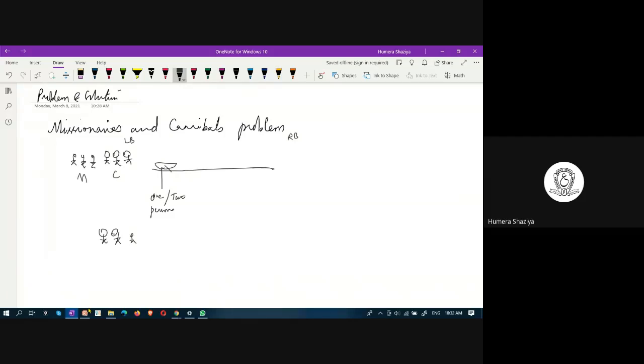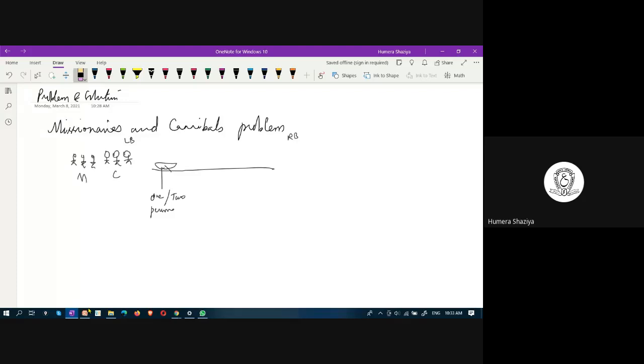Therefore, you have to ensure that you have either one missionary, one cannibal, or you can have two missionaries and one cannibal, but you can never have two cannibals and one missionary. You can have two cannibals as well. So these are the constraints.